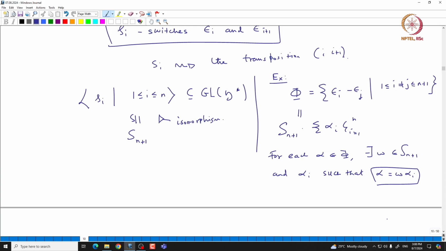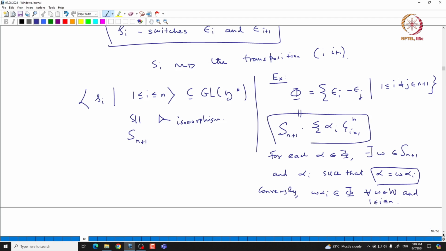And this phi is invariant under S_{n+1}. Conversely, if you take w alpha_i, that is going to be in phi for all w in W and i from 1 to n. That is what this statement actually says.